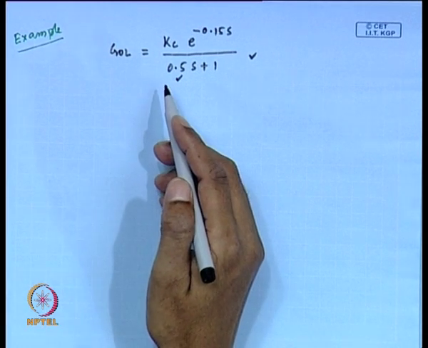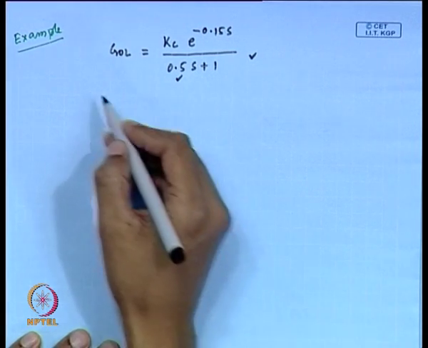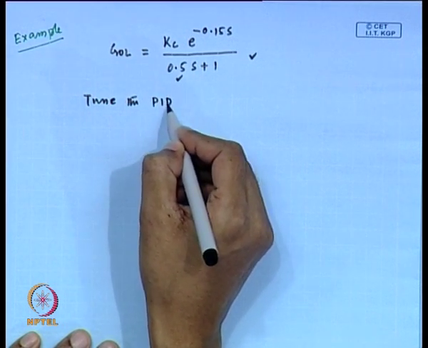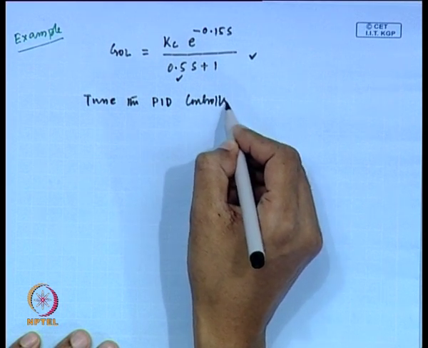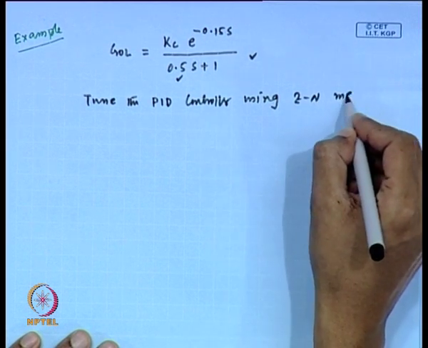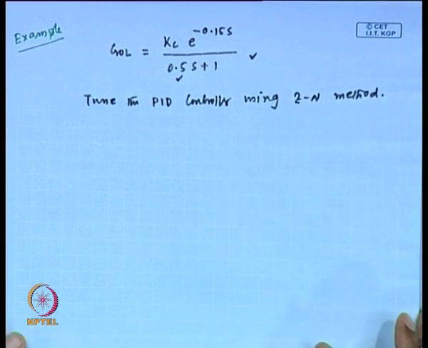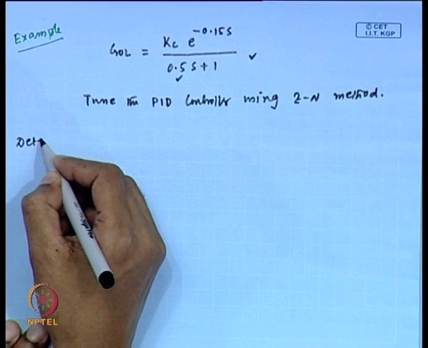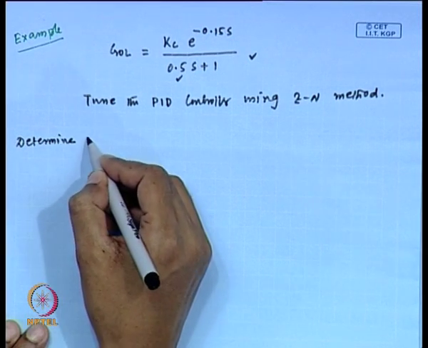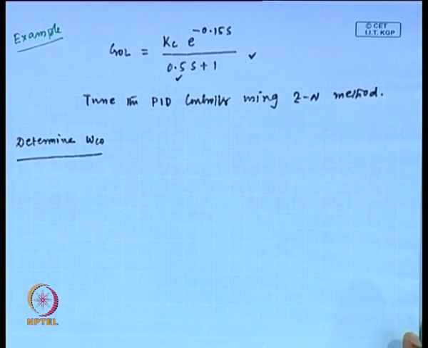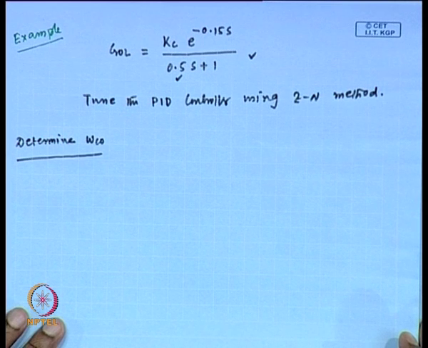Now, tune the PID controller using ZN method. So, first you determine crossover frequency.